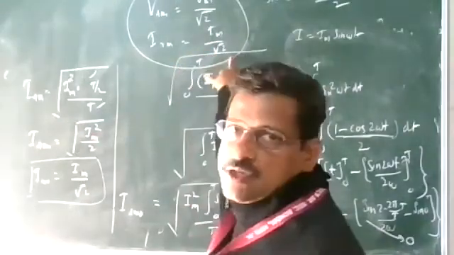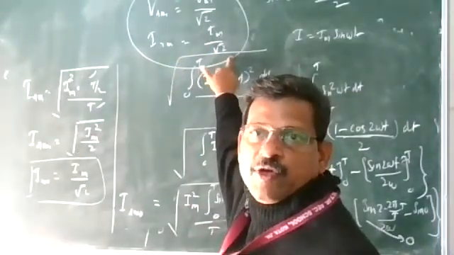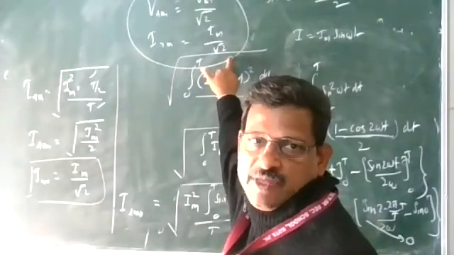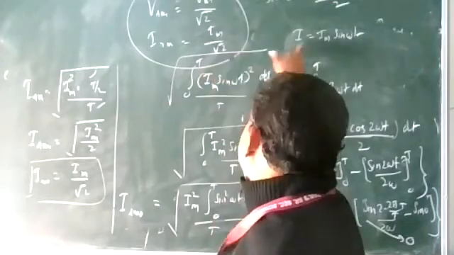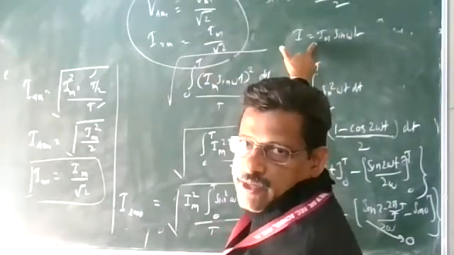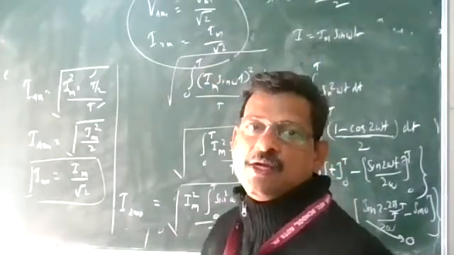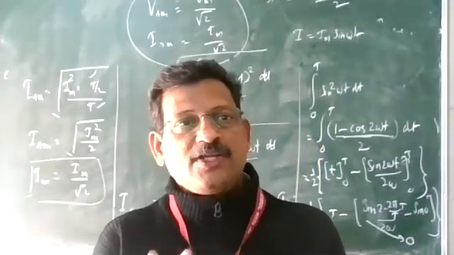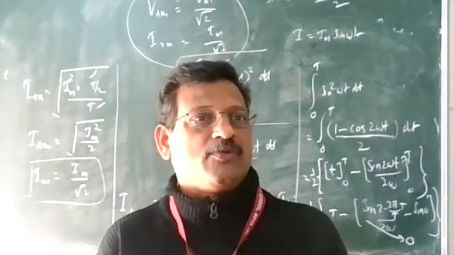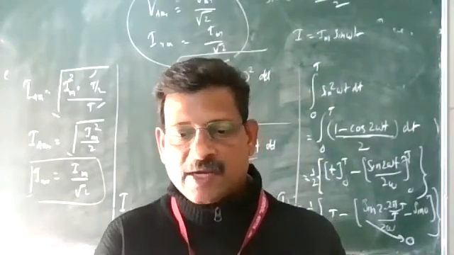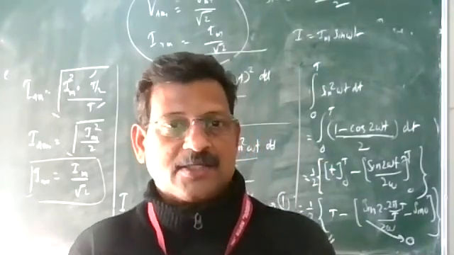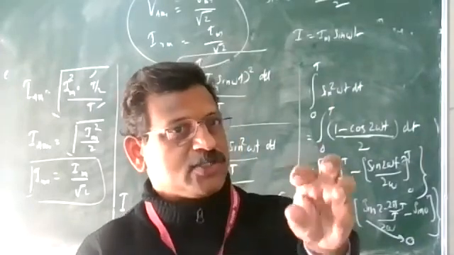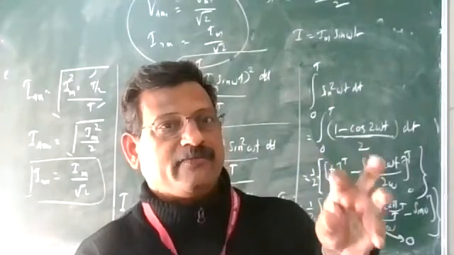I M by root 2 is the constant value of current which, when flowing through a resistor, produces the same amount of heat energy as that produced by the current I equal to I M sin omega t flowing for the same time in the same resistor. Since the definition comes from the heat energy produced, AC voltmeters and ammeters are recognized as hot wire instruments, because their definition is based on the heating effect.